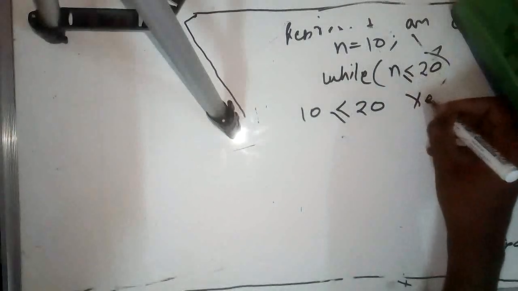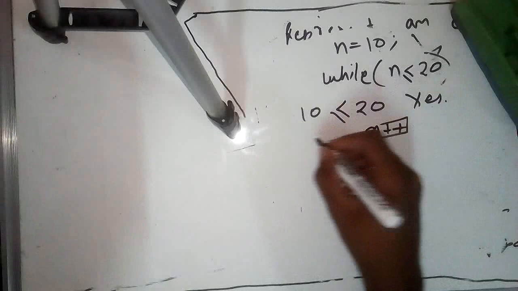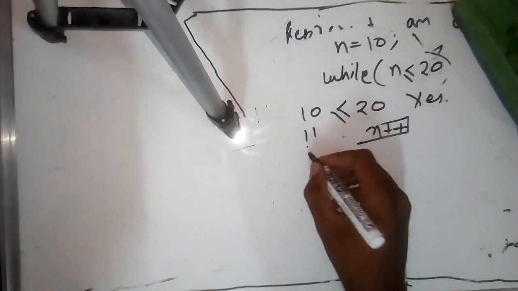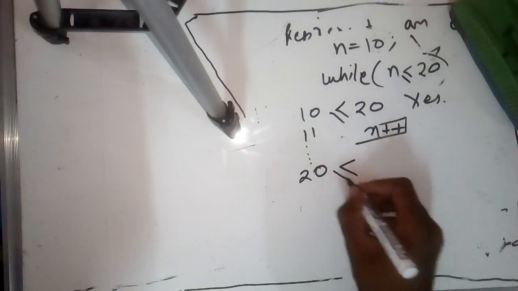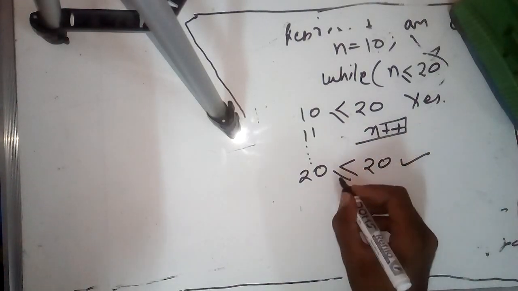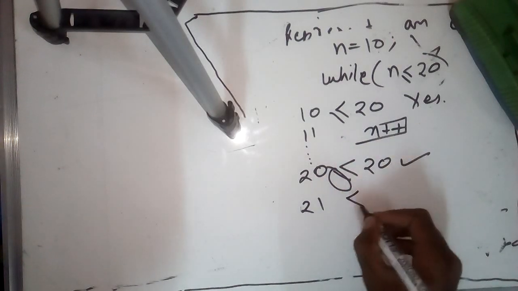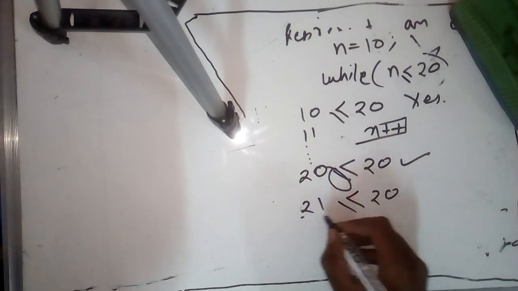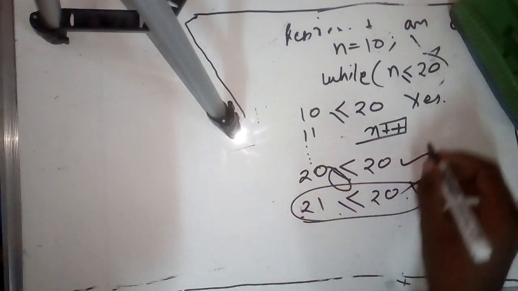The answer is yes. Then increment the value of n, so n becomes 11, 12. When it becomes 20, 20 is less than or equal to 20, the answer is yes, because it's equal. Then it becomes 21. Is 21 less than or equal to 20? The answer is no, so the loop will break.